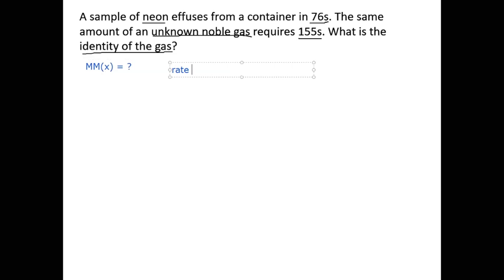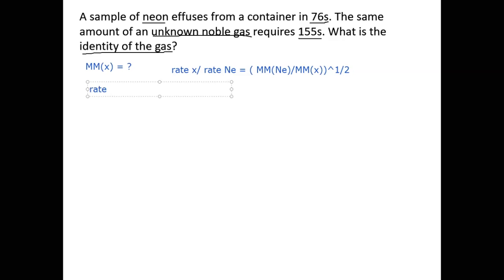So the rate of X, which is our unknown gas, divided by the rate of neon equals the molar mass of neon divided by the molar mass of X, raised to the 1/2. Remember, rate is 1 over time.